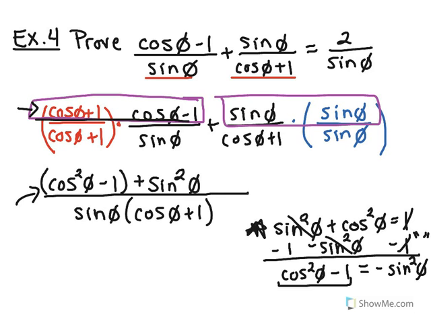And I think I ran into yet another problem, because when I replace that part with negative sine squared phi, and I add it to sine squared phi, these are going to cancel each other out. So we're running into a few problems, and I was just looking back through my notes, and I think I might have to make a separate tutorial for this one. I think I messed it up a little bit.